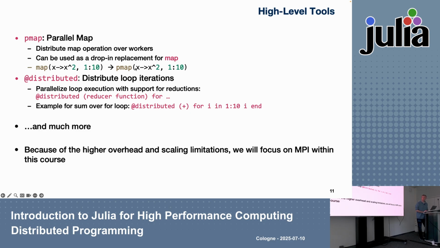With the pmap function, this will then use the Distributed.jl mechanism to distribute all of these function calls to the workers. They will execute it, and then it will automatically fetch the results.